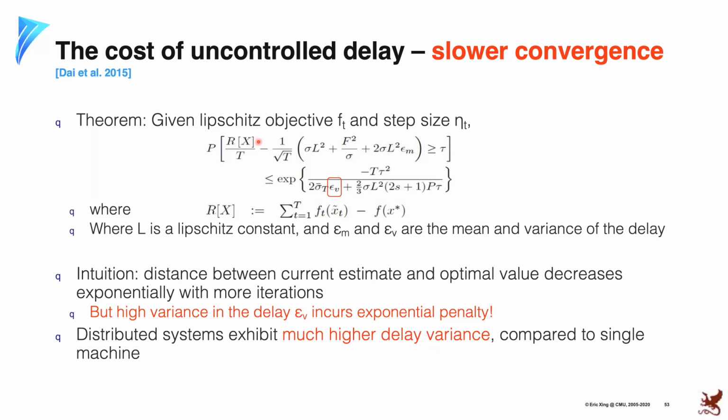However, in a distributed setting where we have delay among different machines, there is a theorem that, given some type of objective function and the step size, shows how the delay affects the expected value of the loss function. And such an effect is usually several orders of magnitude slower in communication.